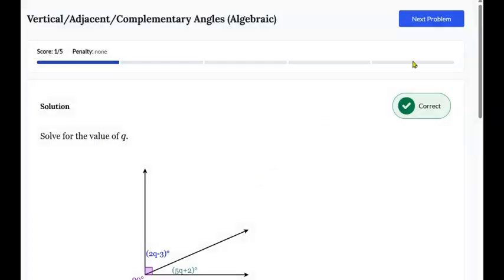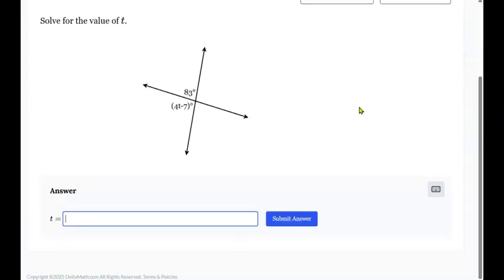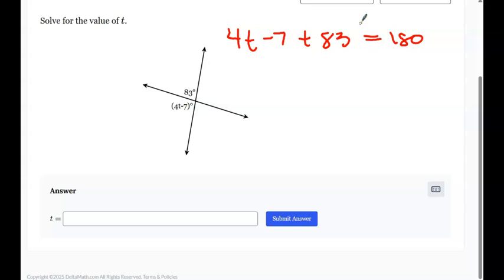In my next problem, I see that my relationship are these two adjacent angles that are supplementary. So that means 4t minus 7 plus 83 is equal to 180. So these two are like terms.